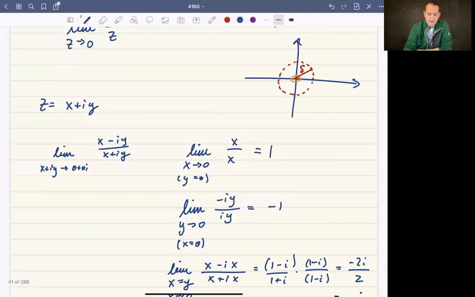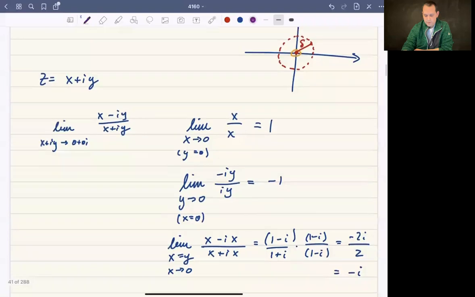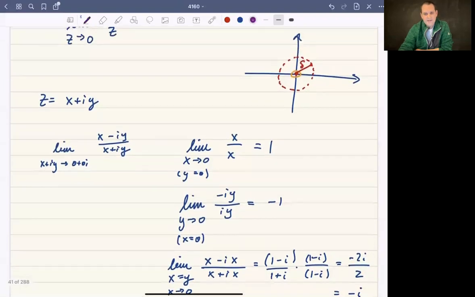And so what happened here was we were looking at different paths. So I'm going to make the paths purple. If y is equal to 0, that puts us on this axis. If y is equal to 0, and we're letting x approach 0, whether it's from the left or from the right, it doesn't matter.